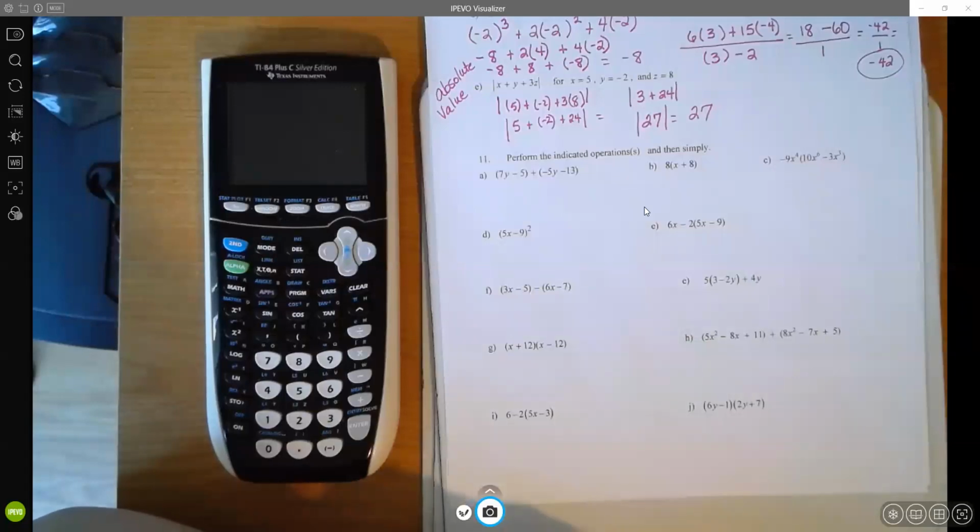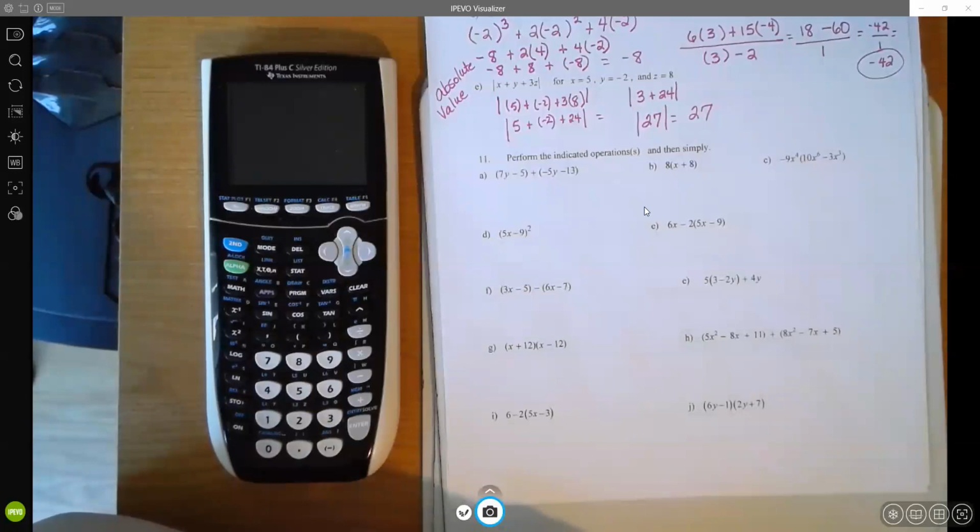Okay, so the next set of problems are perform the indicated operations and then simplify. And as we look at these, these are our addition, subtraction, distributive, multiplication problems, working with our polynomials.